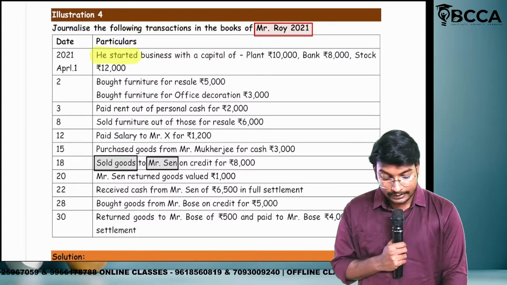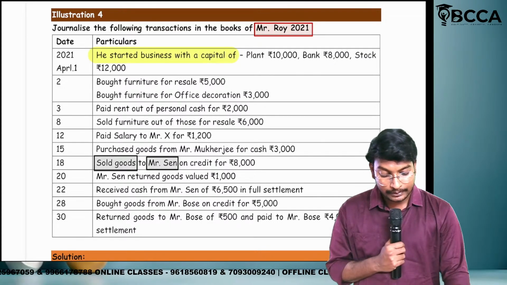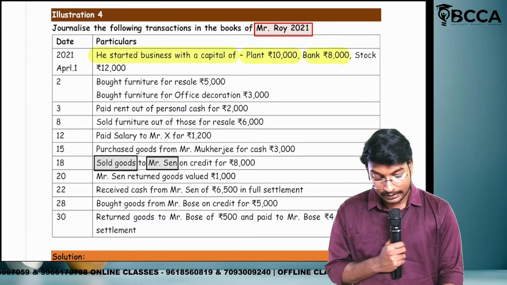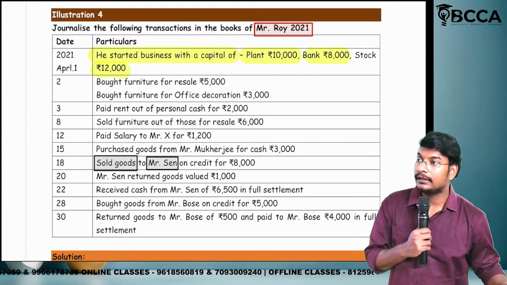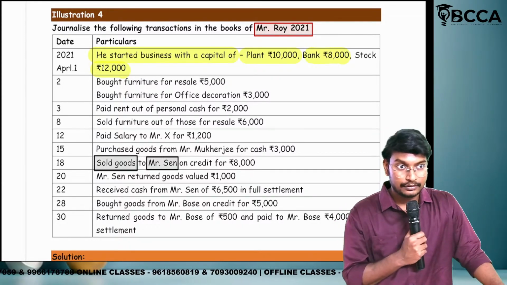He started a business with a capital of plant, bank, and stock. Okay, now we already discussed this journal entry in the 20 journal entries. Okay, now yes or no?